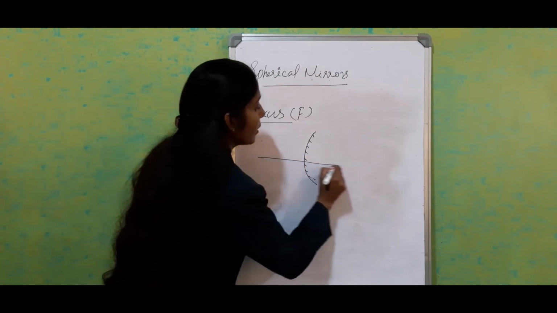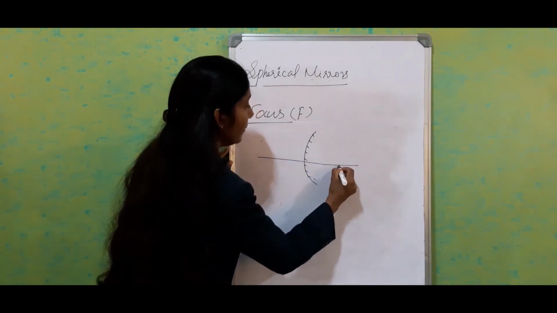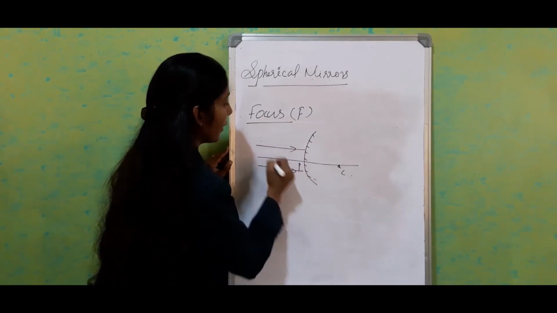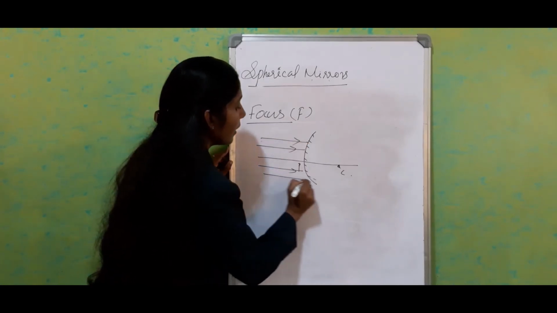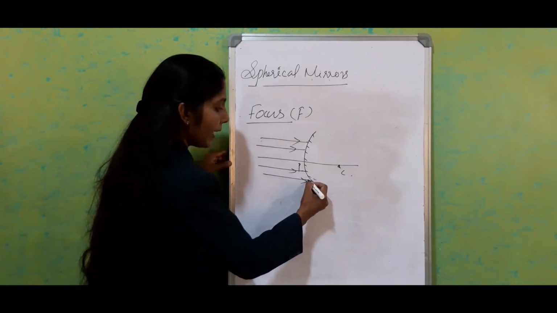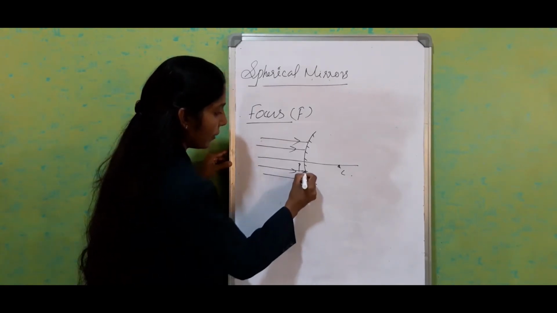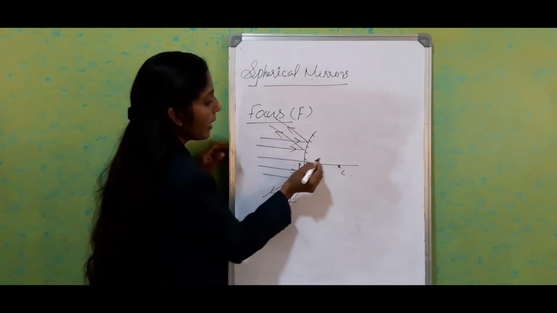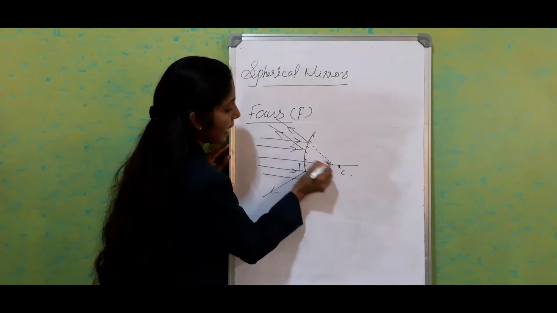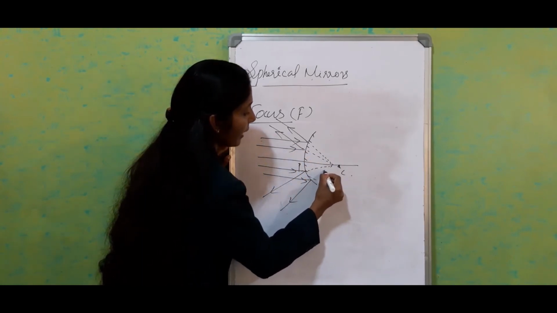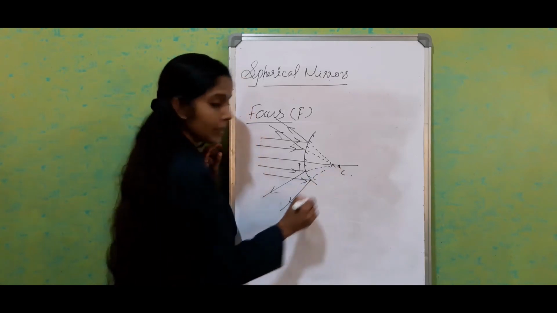So these are the center of curvature and pole. Parallel rays are coming over here. Then this is a reflecting surface. After the reflection, all these rays have to reflect back to the same medium. When we extend these lines, they will come and join at a particular point on the principal axis.